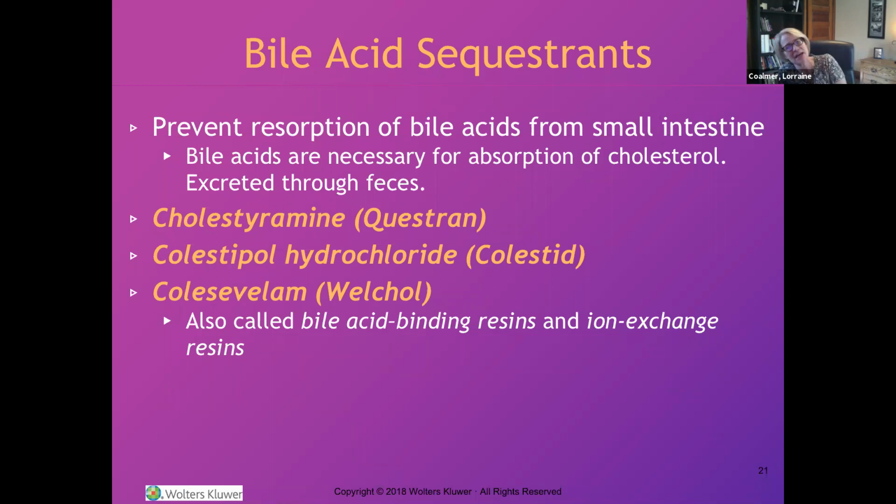So if the patient's diabetic, in addition to having high cholesterol, Welchol is a good choice. They don't know why it works, so don't ask me that question. But it helps bring down the hemoglobin A1C and helps with glucose control in the diabetic patient. So Welchol is a good choice for diabetics.